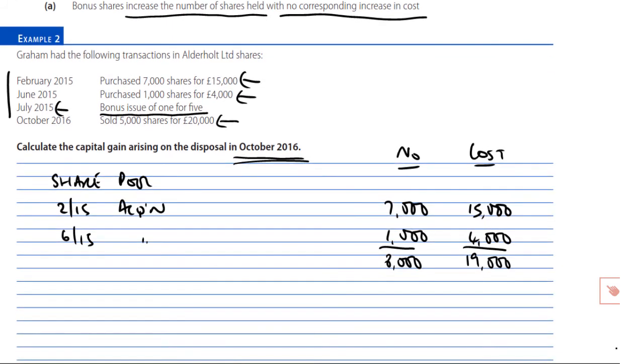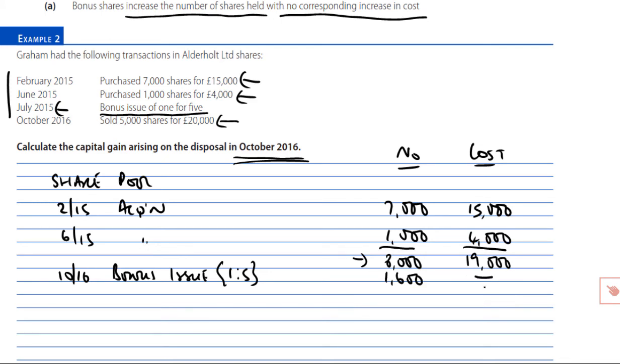Then the, well, slightly more interesting bit. In October 16, we have a bonus issue. The bonus issue, 1 share for every 5 shares held. 8,000 shares at the moment, divide by 5 is, I think, 1,600 shares.